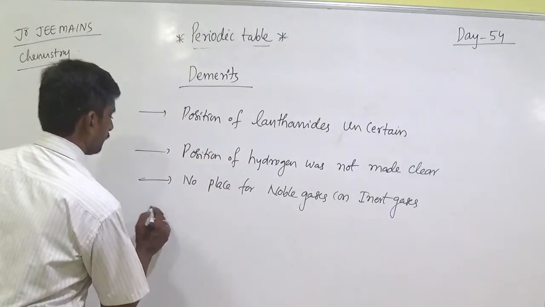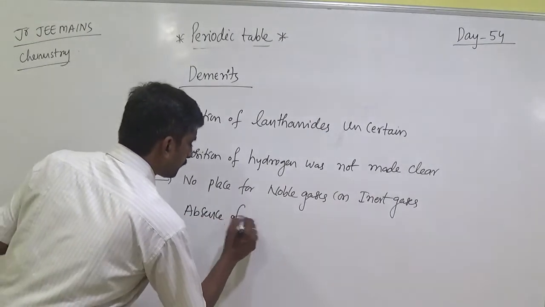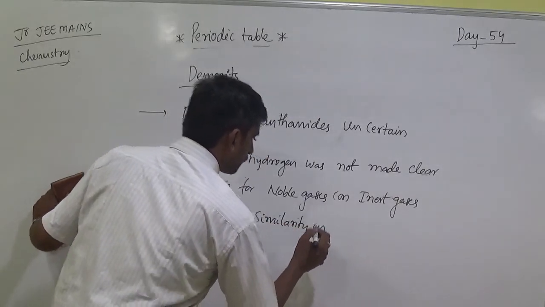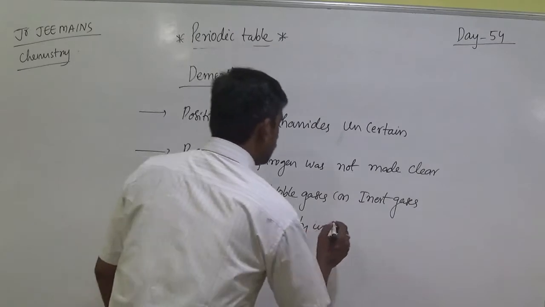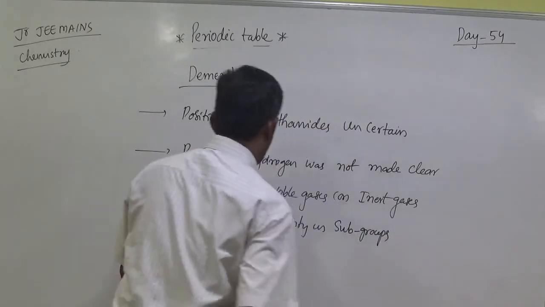Next one is absence of similarity in subgroups.